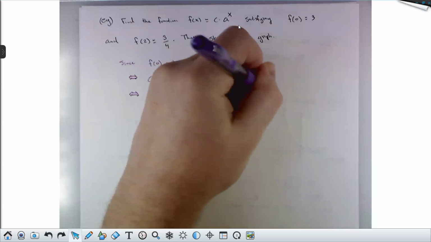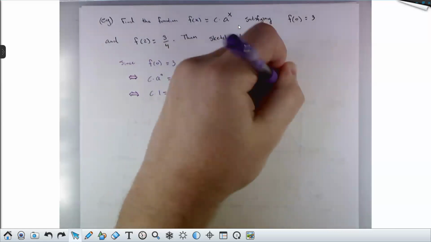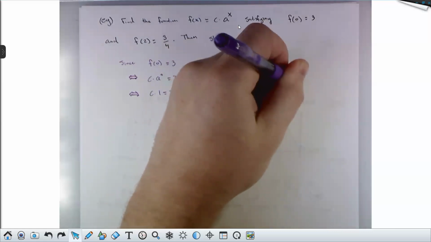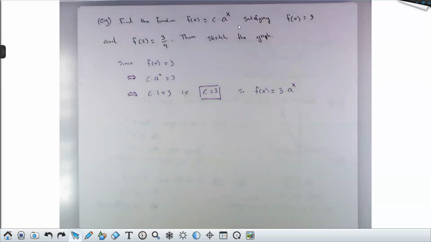And I can take this bit of information and update my trial function here. So f of x is 3 times a to the x. I still don't know what a is, but I found c, and I can take that information and plug it in. Now I can move to the second point.